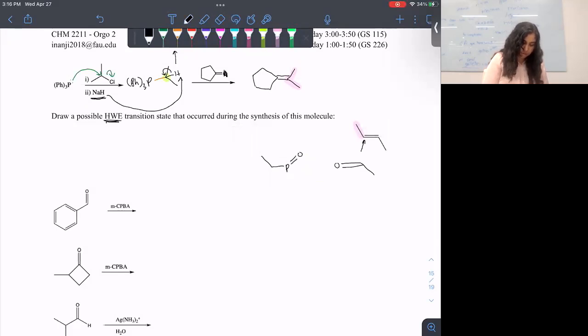But it says HWE in the question, so let's stick with that. So all I did was remove one of the R groups, put the oxygen back onto the double bond, and then separate it to find the phosphorus part.